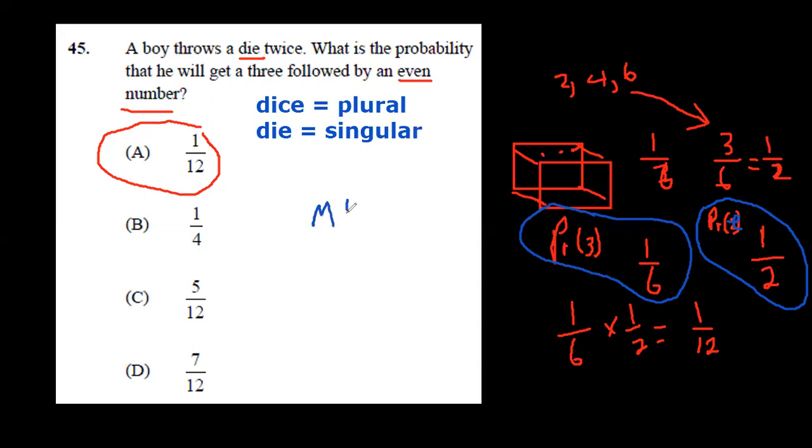Just remember ME, mutually exclusive. In other words, if I get a 3, does that stop me from getting one of these numbers if I roll it again? It doesn't. So it's not mutually exclusive, and you have to multiply the probabilities. It's going to be 1 over 6 multiplied by 1 over 2. Good? Is that clear to you? What do you think? Put it in.